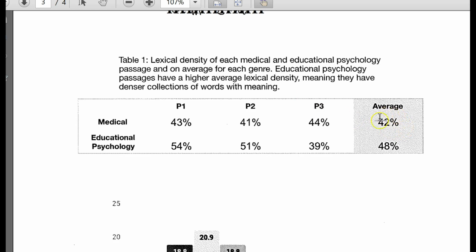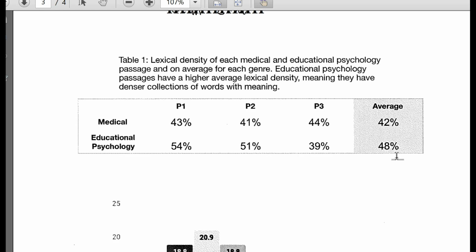Now, one thing that you will notice is this right here on a scale that goes from 0 to 100, this difference is not very big. And the fact that there's wide variation in here suggests to me that there is not very much difference.